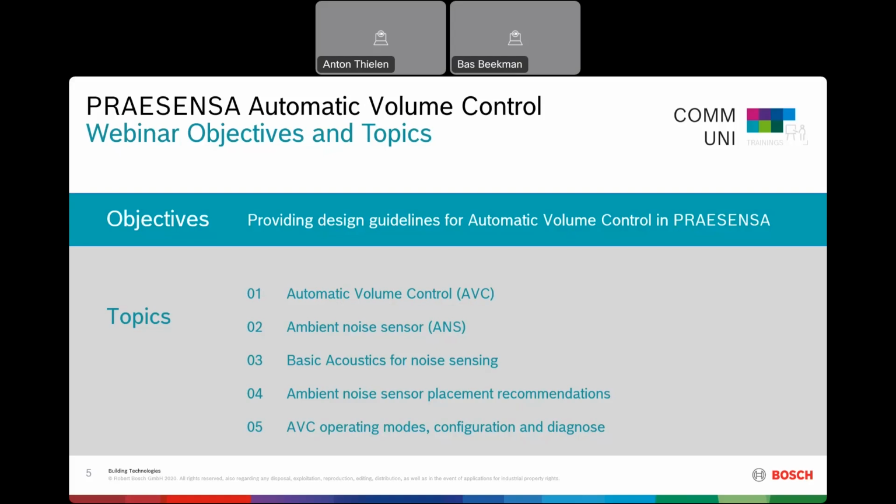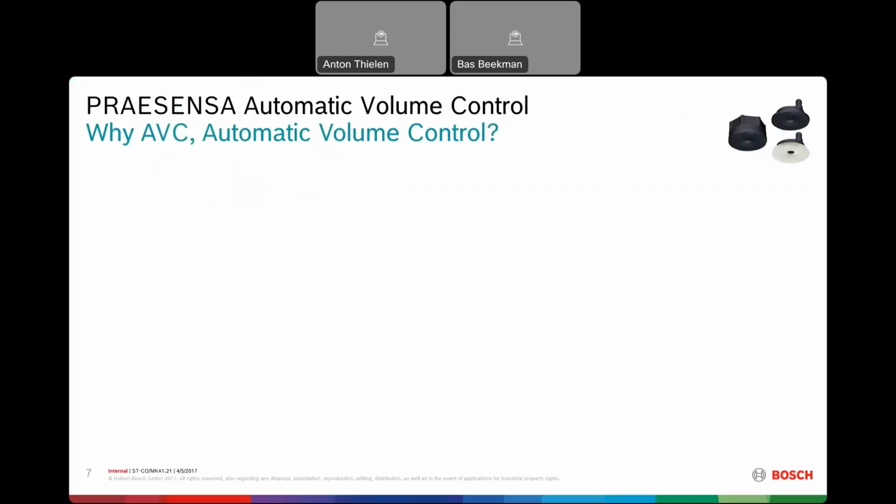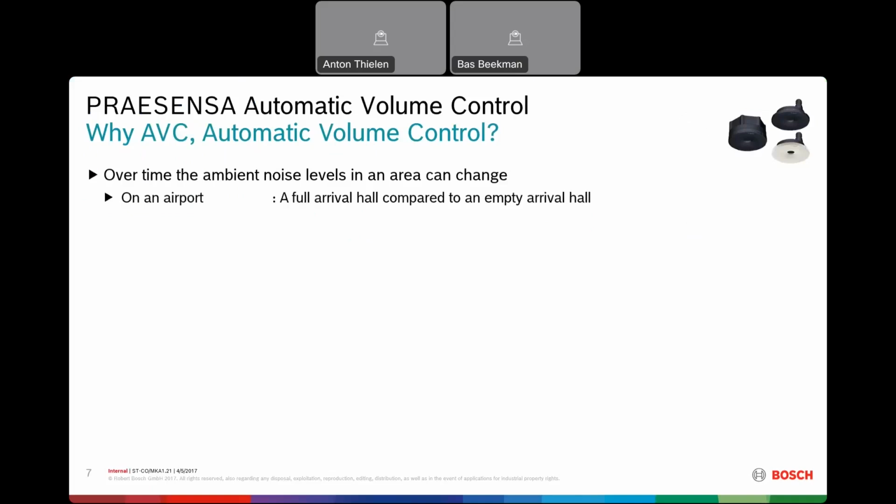Well, let's start. AVC, automatic volume control. Why would you need automatic volume control? Well, over time, the ambient noise levels in an area can change. So, for example, take an airport where you have a full arrival hall, or maybe in some quiet hours in the evening, you have an empty arrival hall, which makes a large difference in noise.